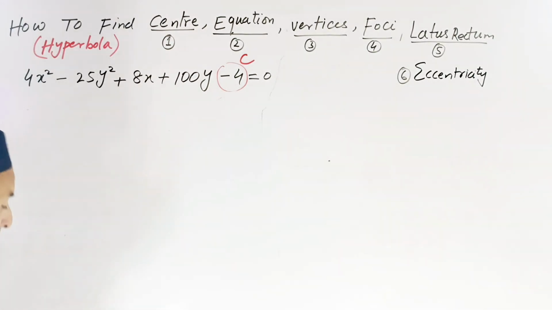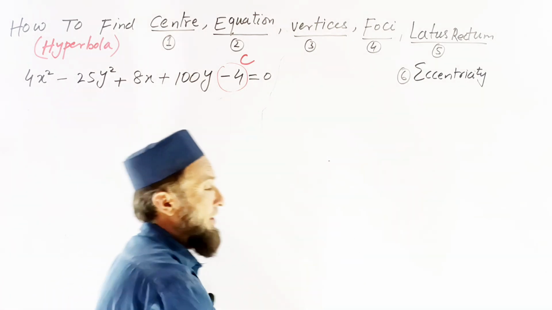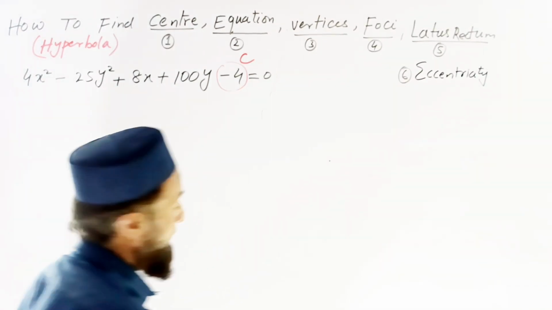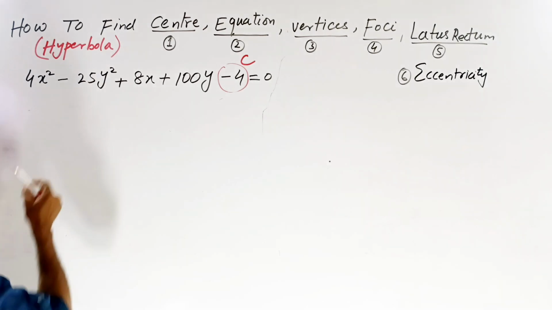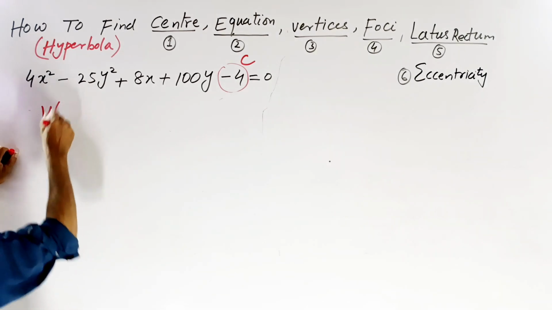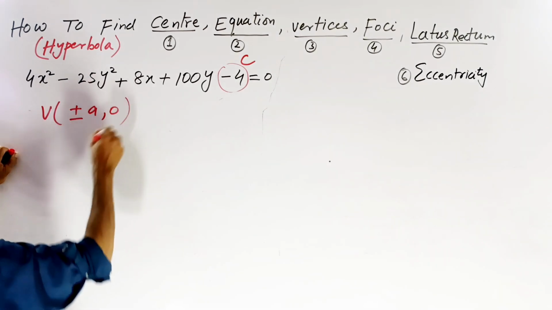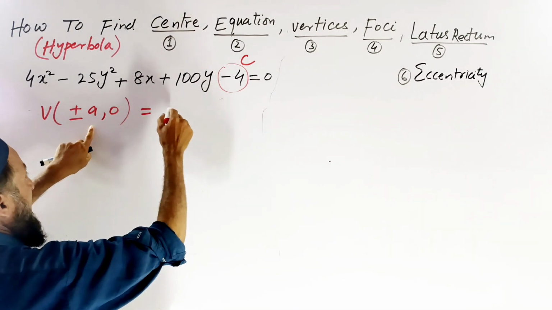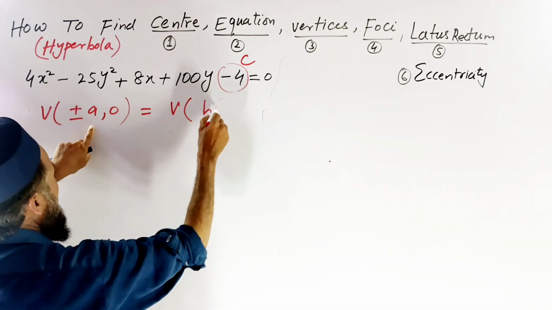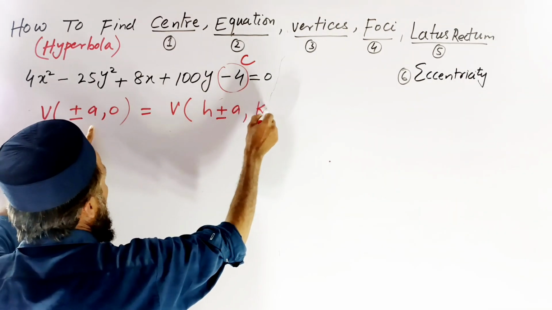The hyperbola is along the x-axis, so we find the vertices. Generally if the hyperbola is along the x-axis we write plus minus a and 0, but here there is a shift, so we use (h plus minus a, k).